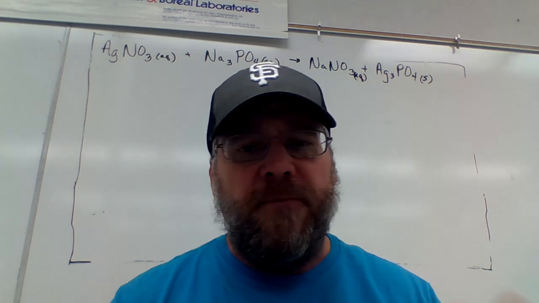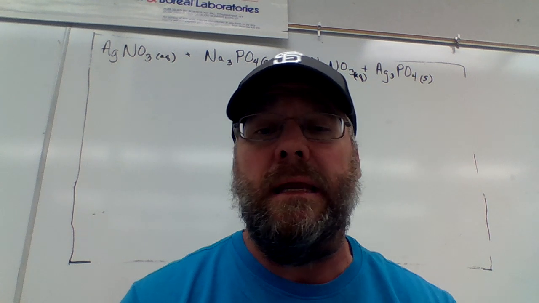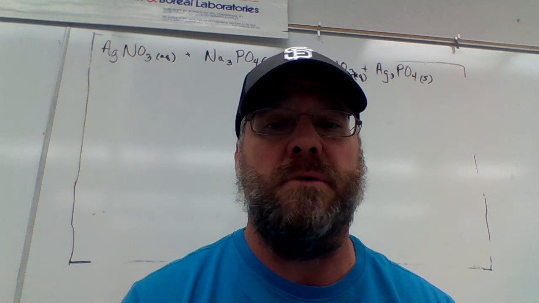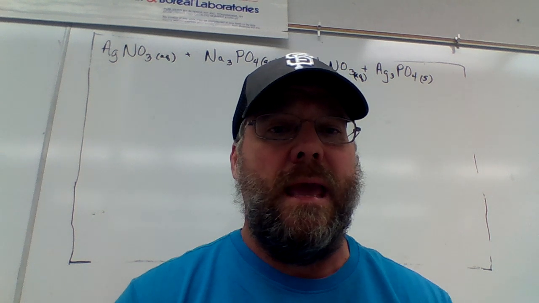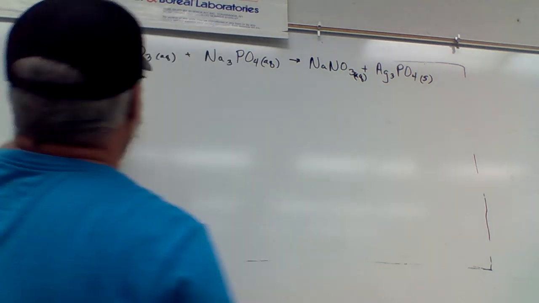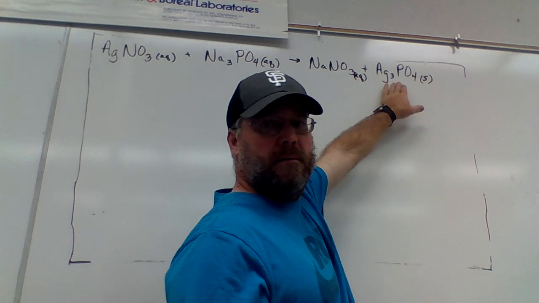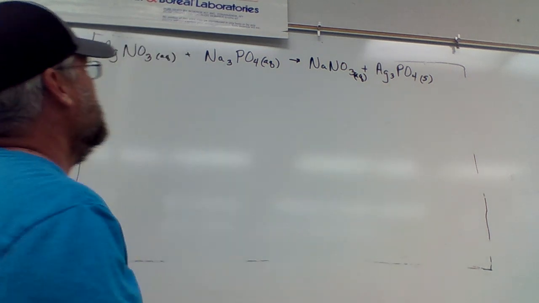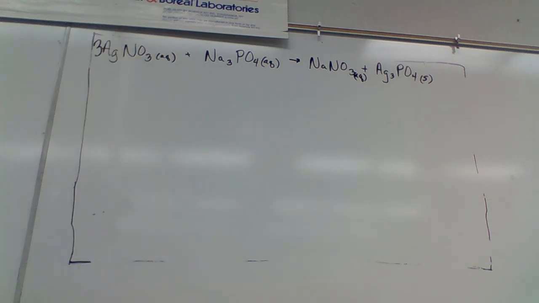So the first thing we're asked to do is balance this. Anytime you're doing stoichiometry problems, you've got to make sure your equation is balanced. So AgNO3: I've got 1 Ag here, over here I've got 3. So what I better do is put 3 AgNO3s there.